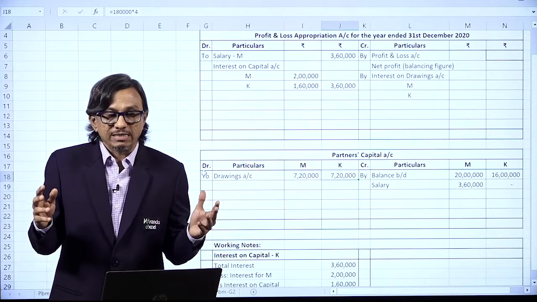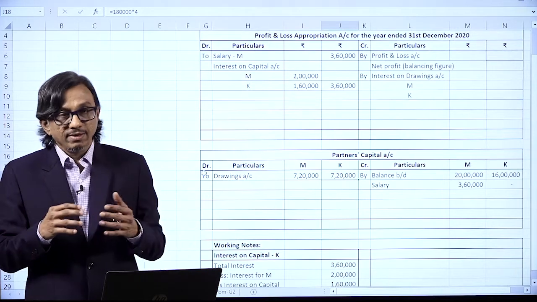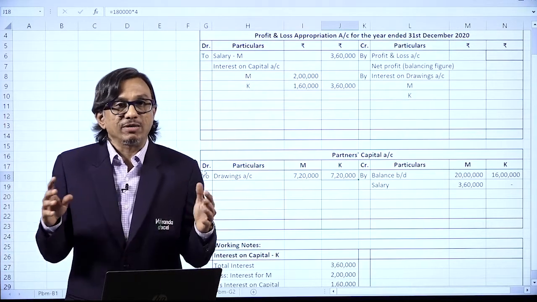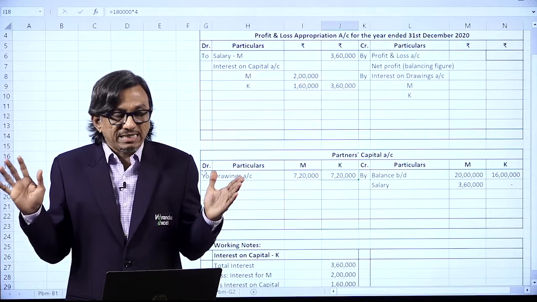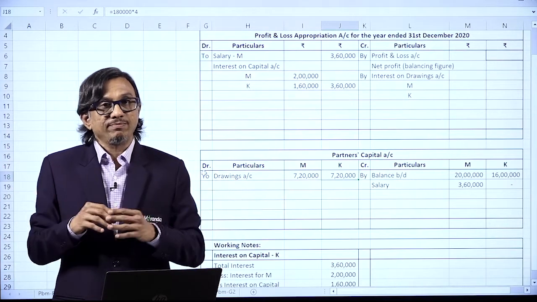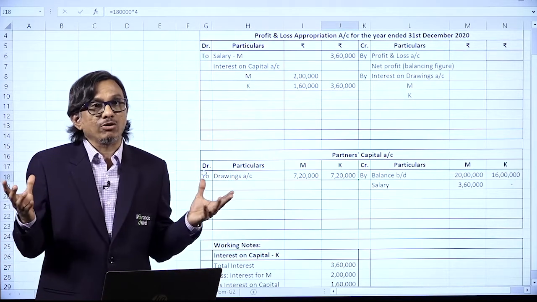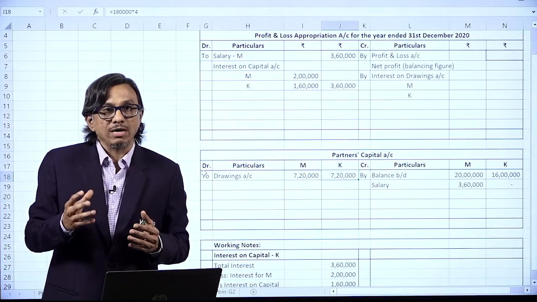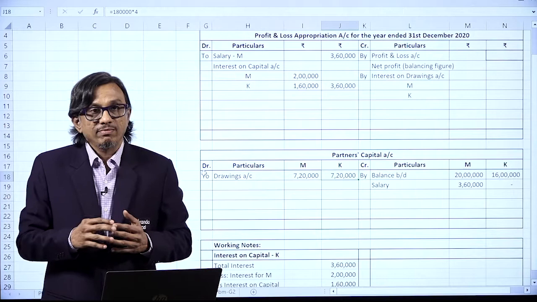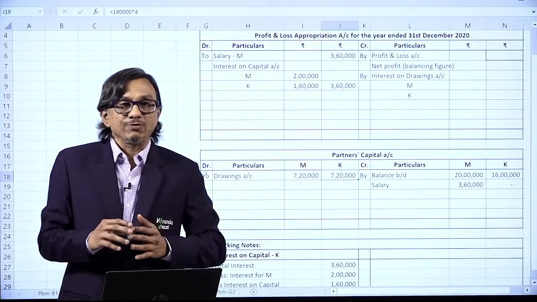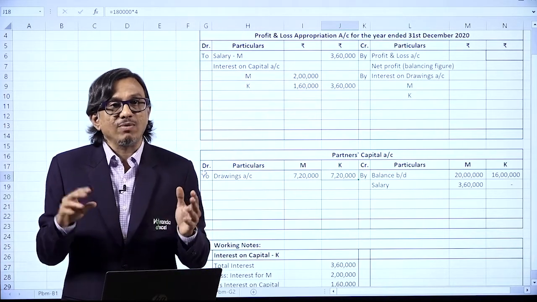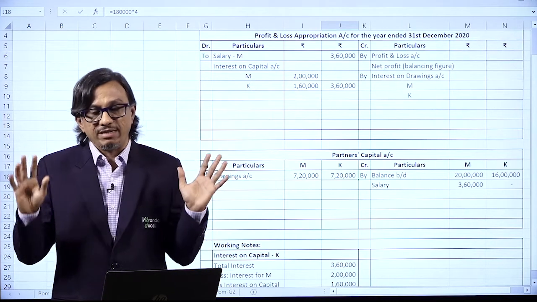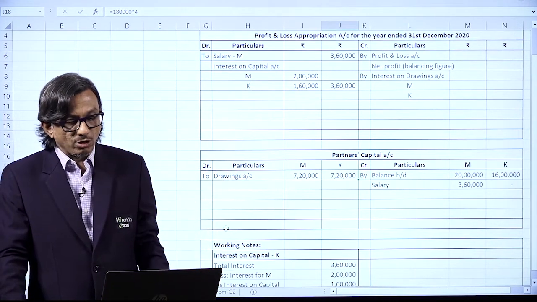Total drawing is 7,20,000. Rate of interest is 8%. So, multiply 7,20,000 by 8%. And how many months do you have to calculate? When the same amount is drawn at the end of every month, we have to calculate interest for 5.5 months. You can easily get the amount of interest on drawing.